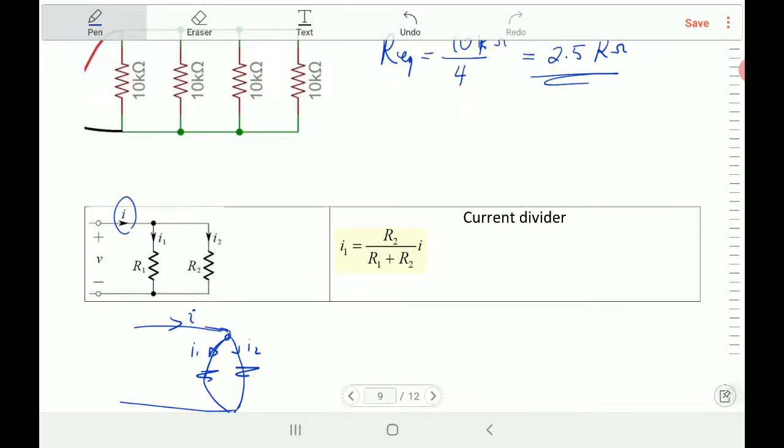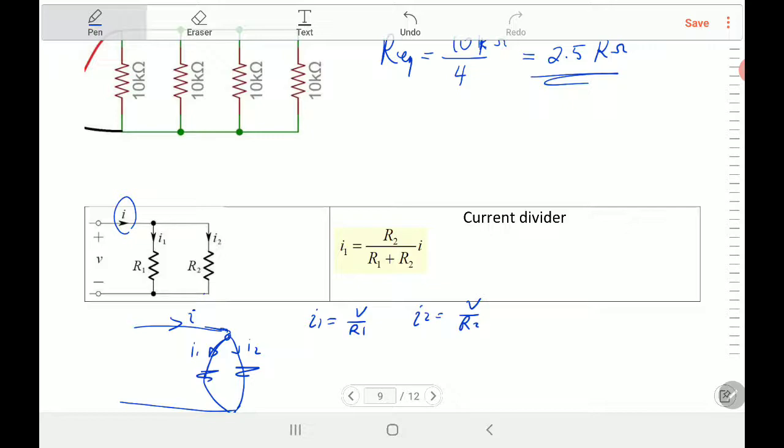So if the voltage here, and that's R1, if you divide V by R1, you get I1. So I1 is equal to V divided by R1. The same voltage is applied to R2 because this node is the same. So I2 is equal to V divided by R2. What is I?